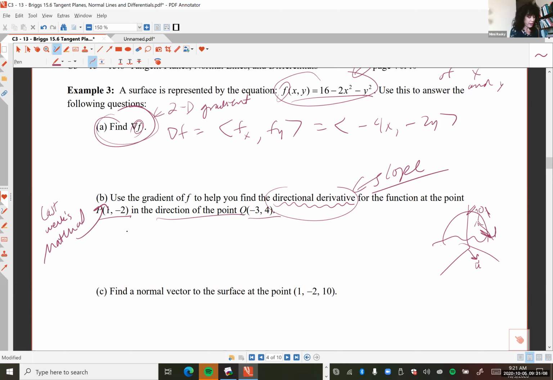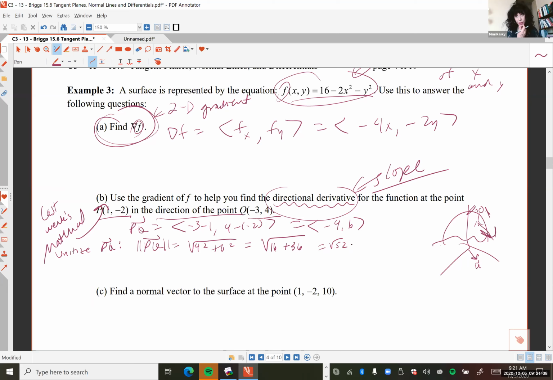Okay, so first off, I'm going to form the vector PQ because this is going to give me the direction I want to find the slope, terminal minus initial, terminal minus initial. And PQ has components -4, 6. The next thing I want to do is I need to unitize PQ. That's next up on the agenda. So I'm going to need the magnitude of PQ in order to do that. So the magnitude of this PQ vector, ooh boy, is square root of 52.